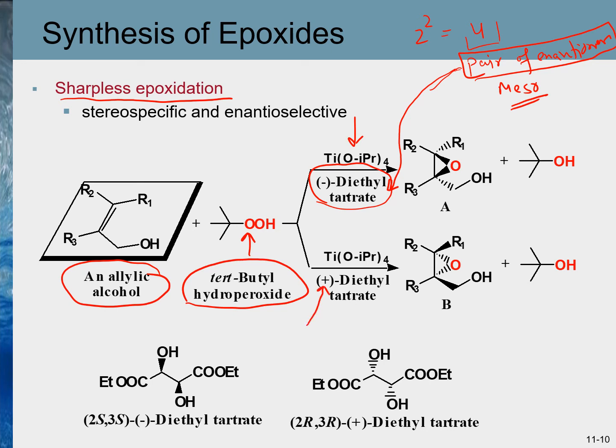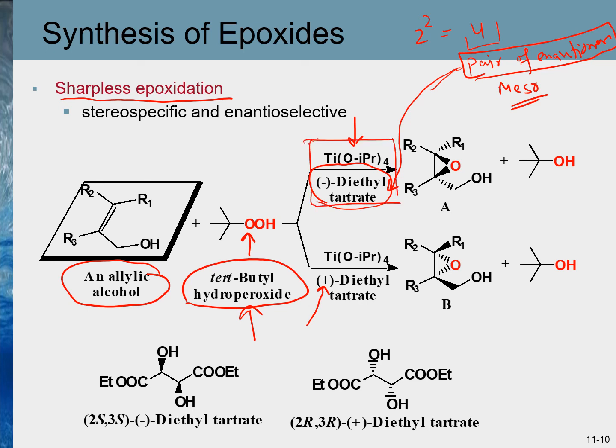Depending on what enantiomer we are using, the stereochemical outcome is controlled by this factor. In this reaction, tertiary butyl hydroperoxide acts as an oxidizing agent, and titanium tetraisopropoxide and the diethyl tartrate act as a catalyst.